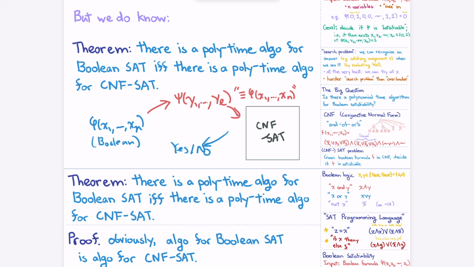But if you blow things up too much, like you took your formula of size n and turned it into a formula of size 2 to the n, then a polynomial time algorithm for CNF SAT will still give you an exponential time algorithm for the original formula because you gave such a big formula into the box. So we do want to be somewhat economic about how we make this formula.